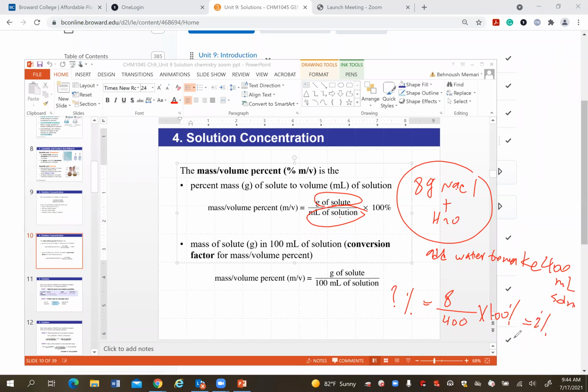If they tell you, how many grams of NaCl are present in 250 milliliter of a 5% solution?